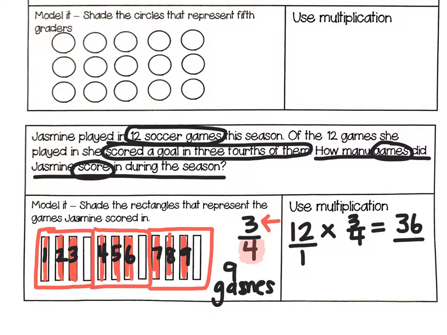And my denominator 1 times my denominator of 4 equals 4. And just like our other two problems, we don't want to leave it as an improper fraction. So I'm going to say 36 divided by 4. And 4 goes into 36 evenly 9 times. So again, we know that 9 games is how many games she scored in during the season.